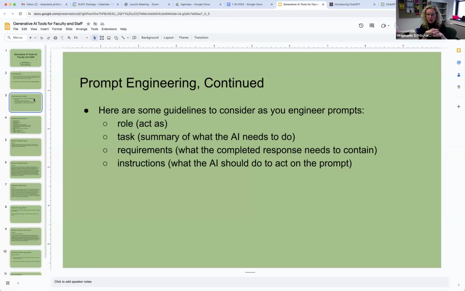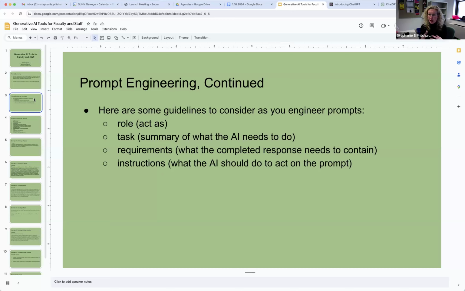I would be happy to share it with you all. And he talked about how the more specifically you can prompt generative AI, the better off you're going to be. And here are a couple of guidelines that you should follow. I find that usually when I follow these guidelines, the results that I get from the AI are quite a bit better.